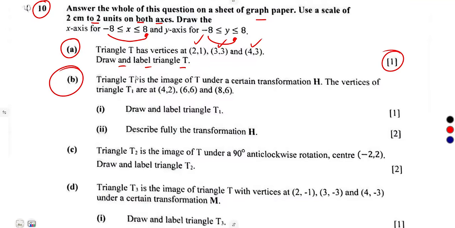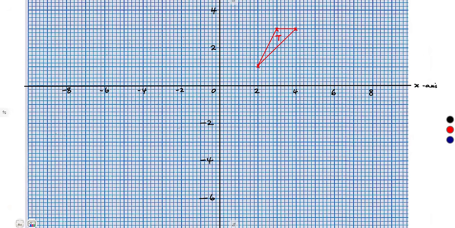Then B, triangle T1 is the image of triangle T under a certain transformation that we do not know, which is called H. The vertices of that triangle T1 are given here. A, draw and label triangle T1 from these vertices. (4, 2), so let's mark the point 4 versus 2.